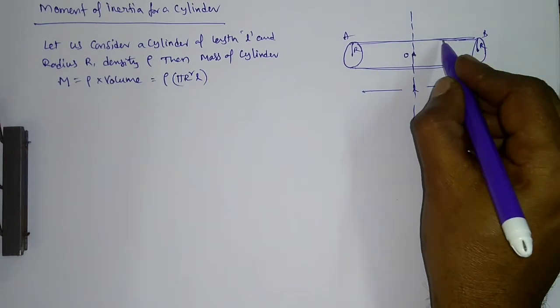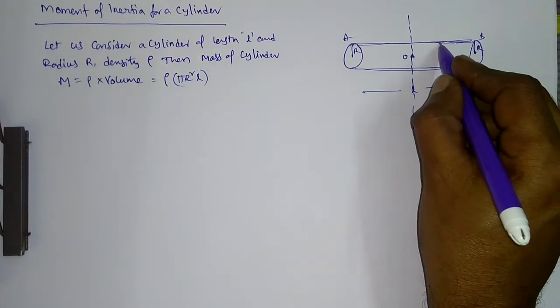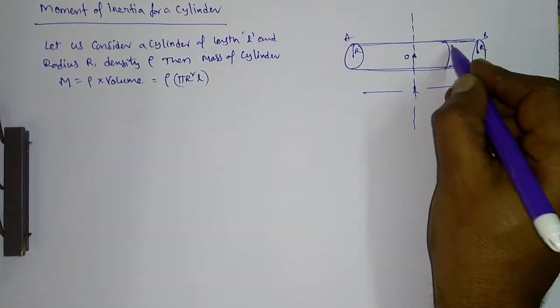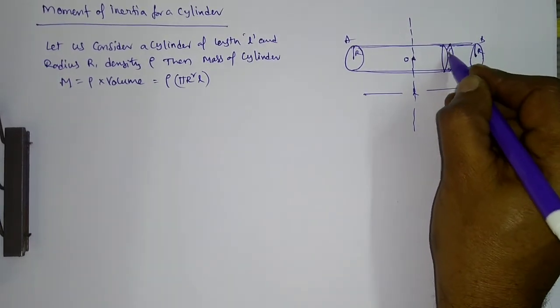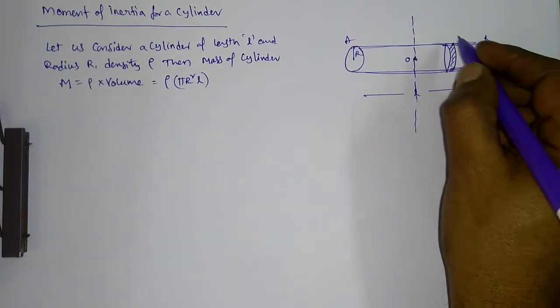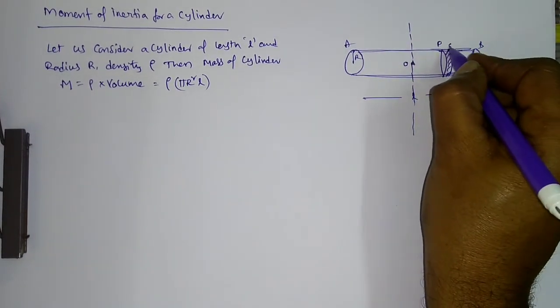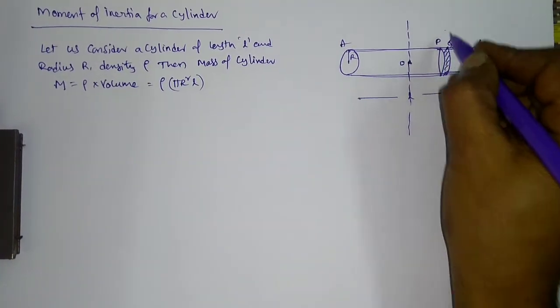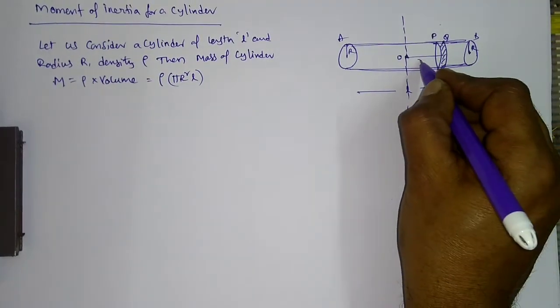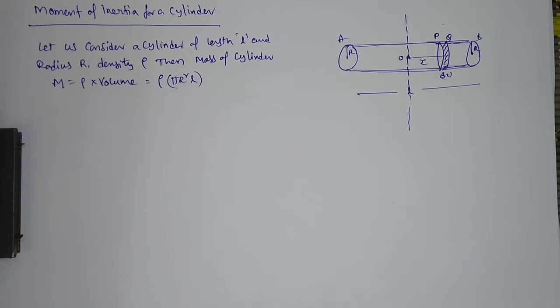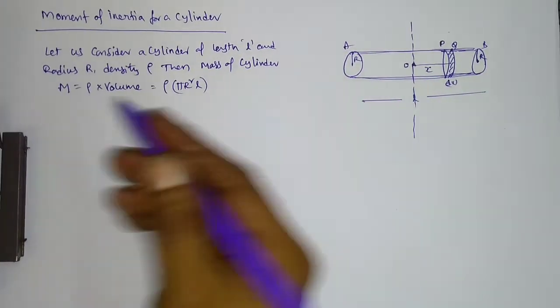For this explanation, I am considering the small element as usual. Here you can consider a small element of the cylinder. This is the small element, named PQ as usual, and the distance is dx, which is at a distance x from the axis of rotation. All things will be similar to that.